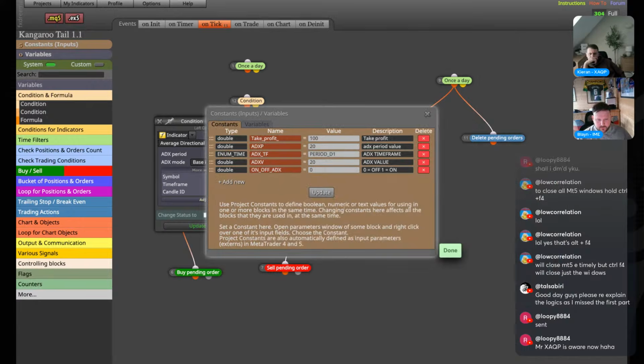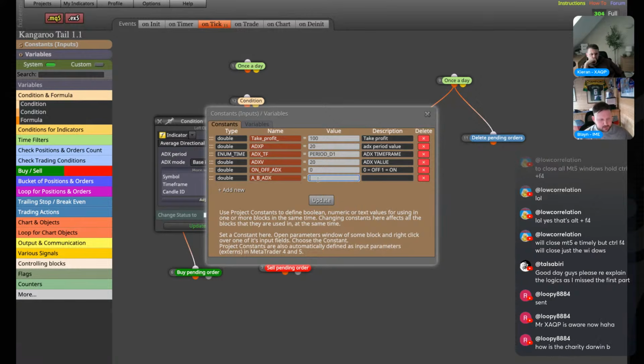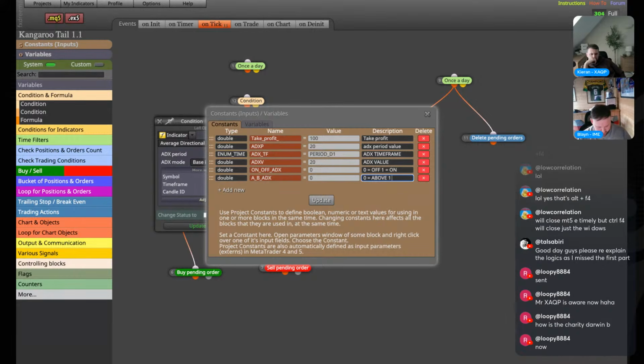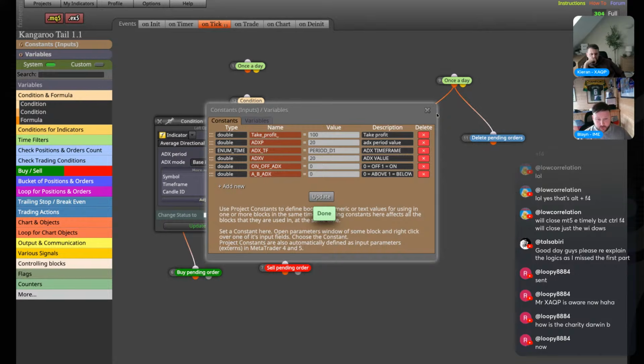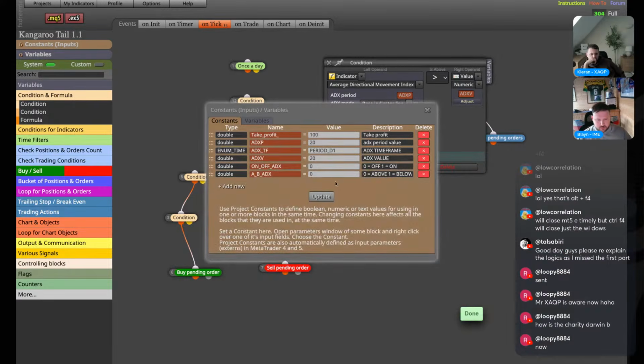And then again, we need to do above, below ADX, so just AB ADX. Let's put that to 0, where 0 equals above, 1 equals below. I'll show you how to create this sort of switch. So just update that.